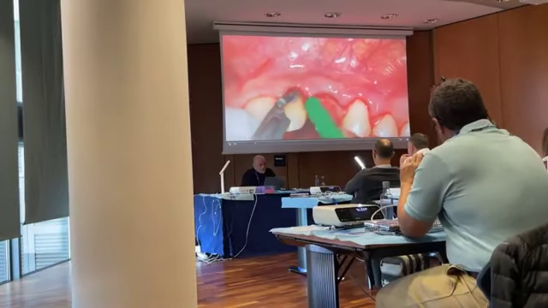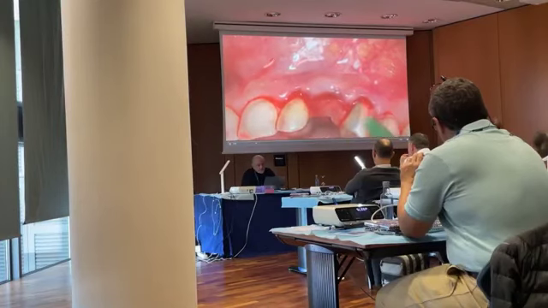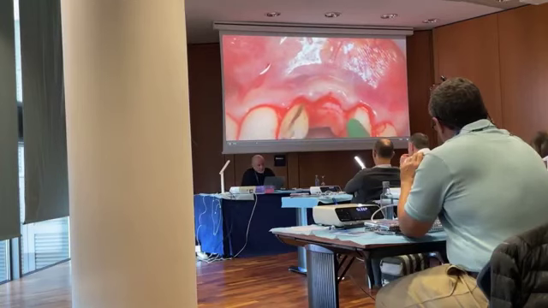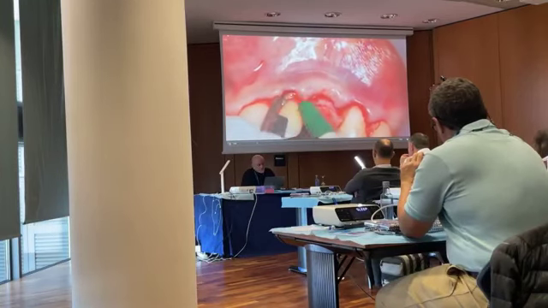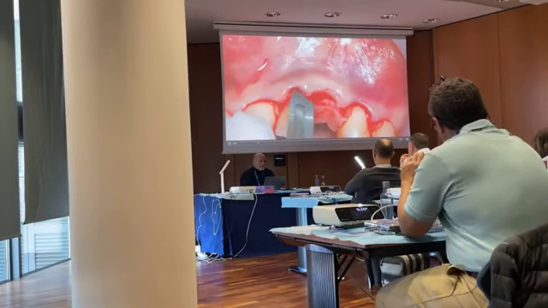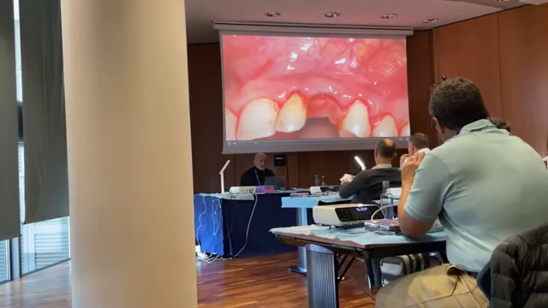So now, just the tip of the blade is used to see the alveolar mucosa detaching from the level of the periosteum. Now you see that the alveolar mucosa is detached because once you apply your blade to the inner aspect of the alveolar mucosa, you see now the blade is not parallel to the bone anymore, like in the deep, but is parallel to the alveolar mucosa. But 5 seconds before, it was not possible to place the blade parallel to the alveolar mucosa because the alveolar mucosa was perpendicular to the bone.